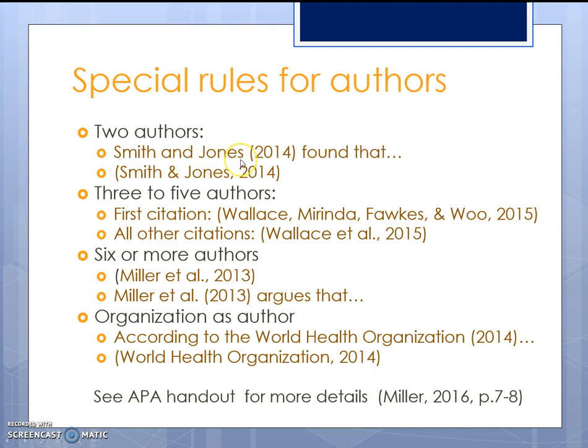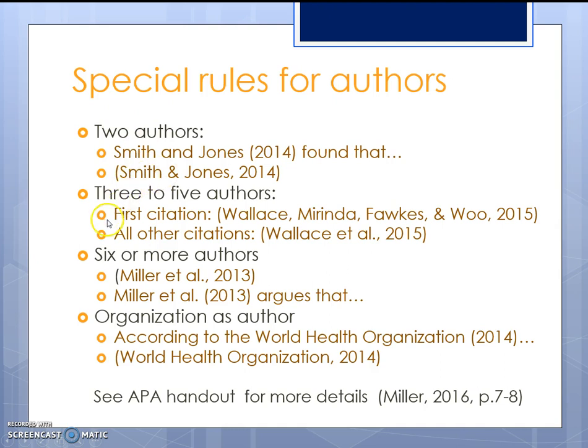Smith and Jones, parentheses, 2004, found that whatever they found. But if we're doing it in a parenthetical, in the parentheses, citation, we will list them as Smith ampersand Jones. Now that's that little and symbol directly above your 7 key on your keyboard. It's called an ampersand. And APA uses that in the references and in your parenthetical citations.